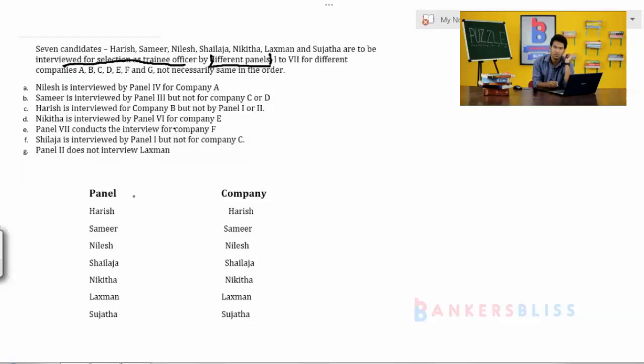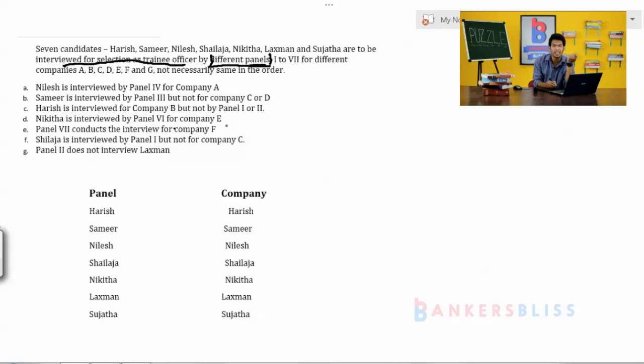Under the panel, those who come are Harish, Samir, Nilesh, Shailaja, Nikita, Lakshman and Sujata. That is the reason I write under the head of panel, these persons should come, from Harish, Samir up to Sujata. Is it clear? So this is the first constraint, panel.